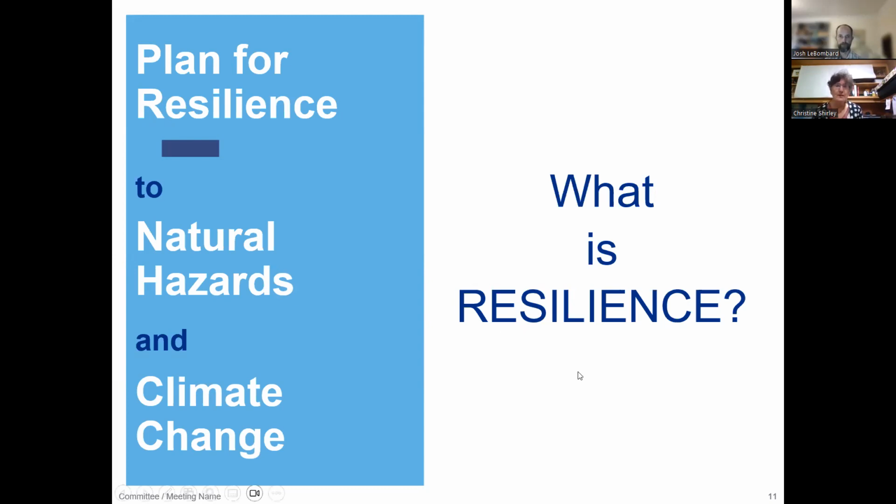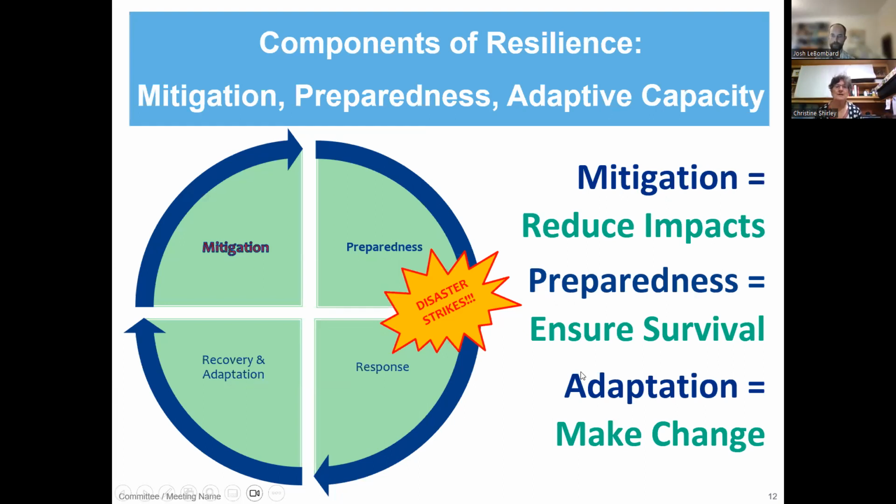And I want to emphasize that in our worldview, resilience needs to focus on pre-planning, planning before the disaster.